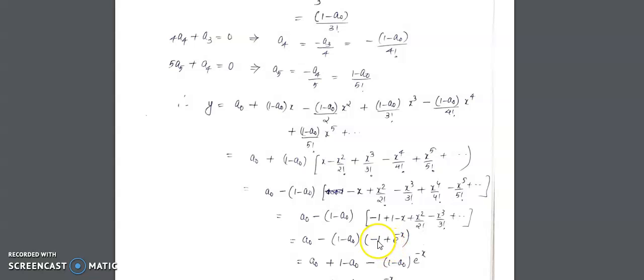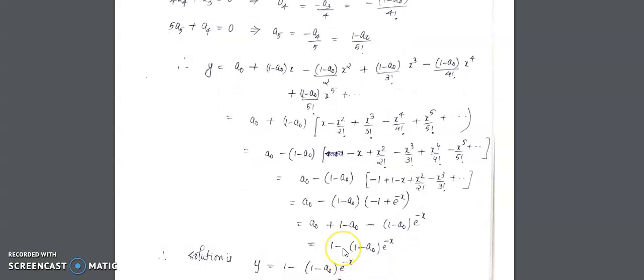So that will be minus 1 plus the second term, which contains the series for e raised to minus x. So upon simplifying, you will get a naught plus the first term minus 1 multiplied gives 1 minus a naught, then minus 1 minus a naught into e raised to minus x. So here a naught will cancel off.